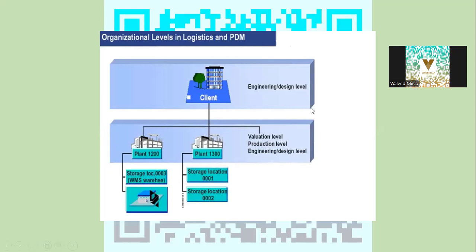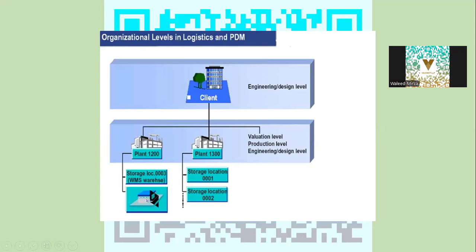So an engineering, or let's say in a motorcycle manufacturing industry, the engineering will finalize a model, a design of the motorbike, and it will pass on the material details or the overall outline to these plants to carry out manufacturing of a certain motorbike model. Okay. So under plant, we have storage locations. Okay, these are warehouses, and they can be multiple or one.